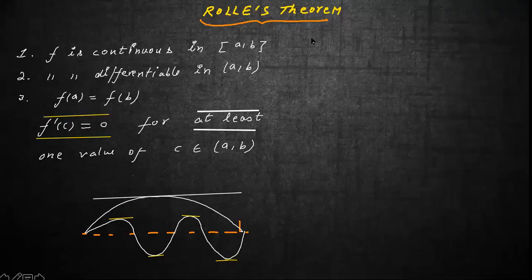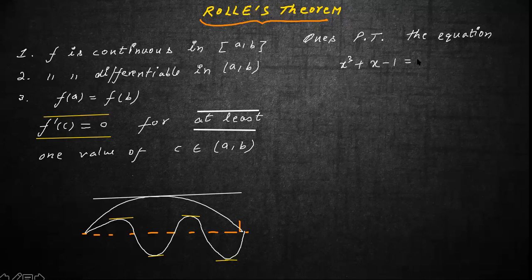So the question is, prove that the equation x cube plus x minus 1 equals 0 has exactly one real root.